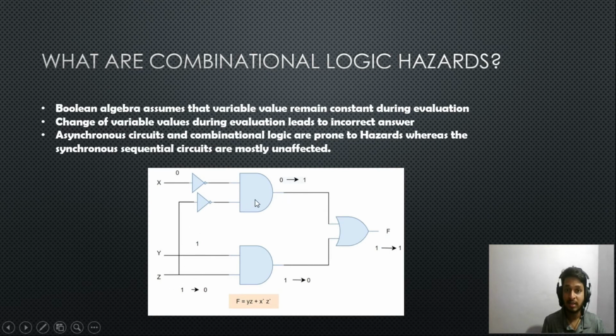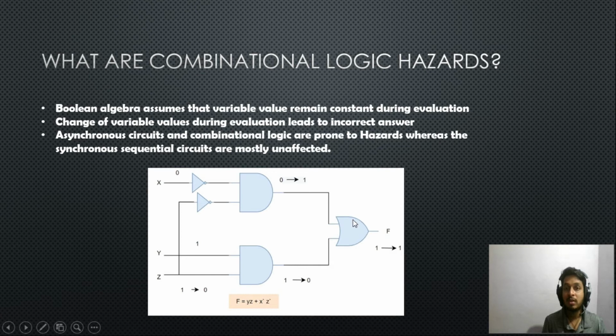Let's imagine the worst propagation delay is this one, and let's say it is 0.5 nanoseconds. If this flip-flop is reading the output of this OR gate after 0.5 nanoseconds, it's fine because it will read the right value. Even though it momentarily switches in between, it's fine.